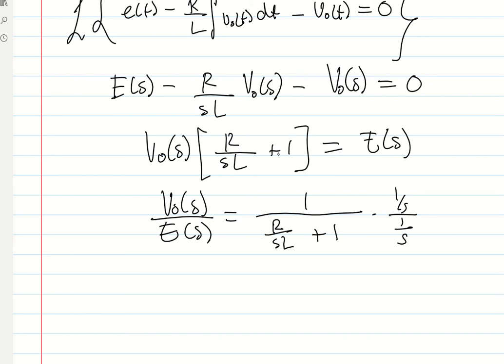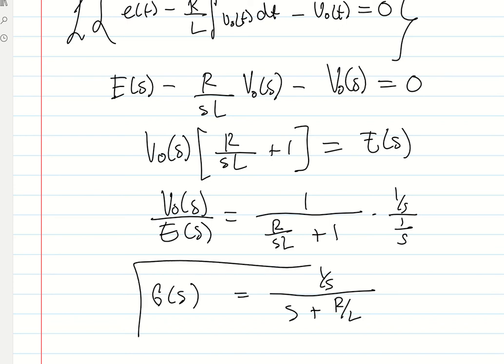Then this will be equal to 1 over s all over, s will cancel out, so times s, this will be s plus R over L. So this will be our transfer function G of s of an RL circuit with the voltage across the inductor as an output.